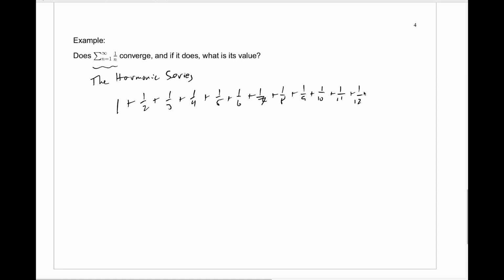Well, of course, there are an infinite number of terms, so I could go on like this, not just for a long time, but literally forever. That should be enough. And I'm going to ask, how big are the partial sums as I add more and more terms to this sequence? Well, I'm going to show you a very interesting way to split things up.